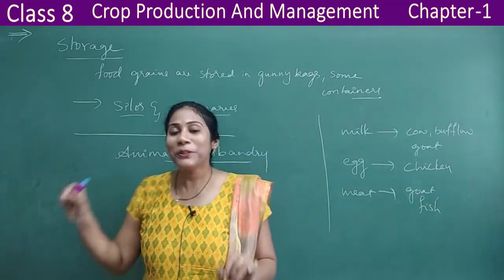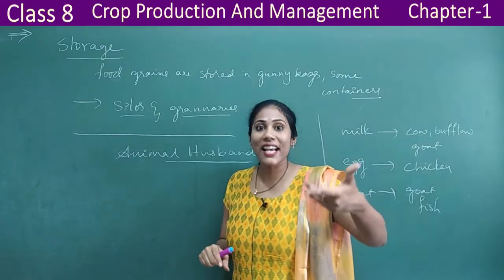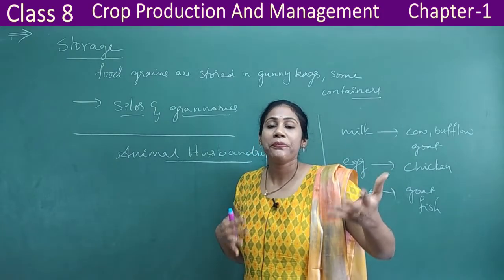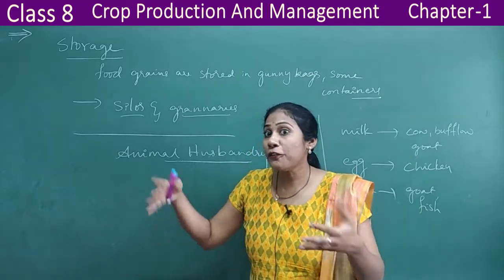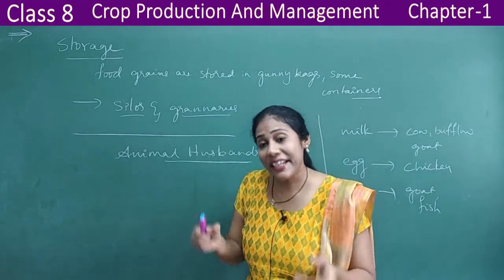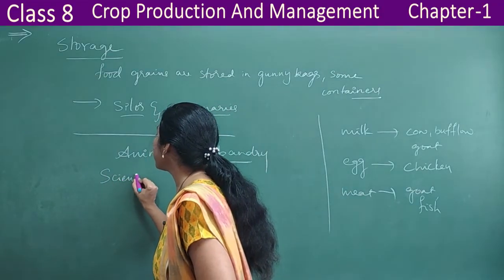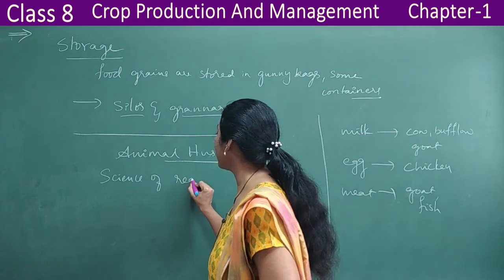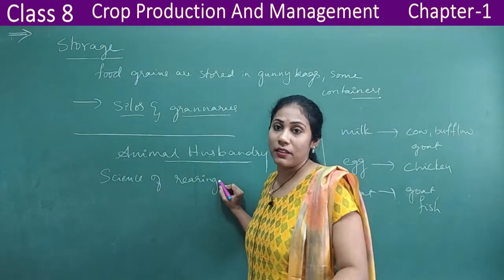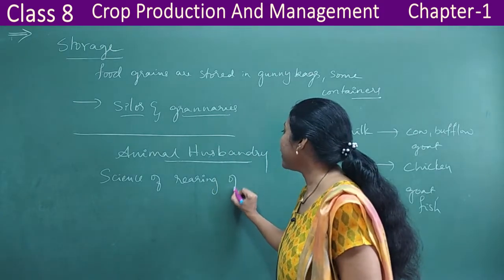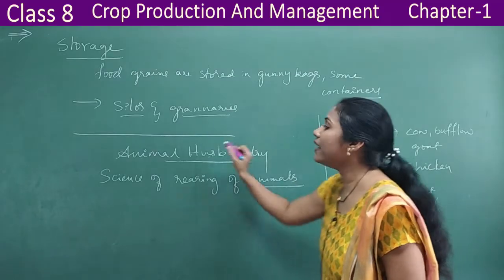That means you must also rear animals, right? You must raise the animals. You should grow them and culture them, and finally you can draw the food from them. And the science of rearing animals, rearing in the sense of production or growing of animals, is called animal husbandry.